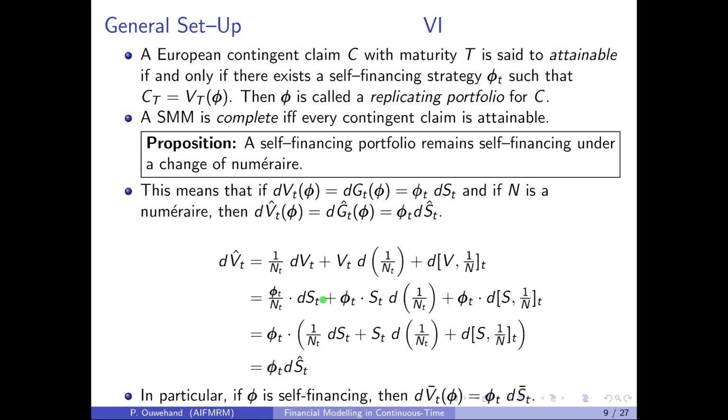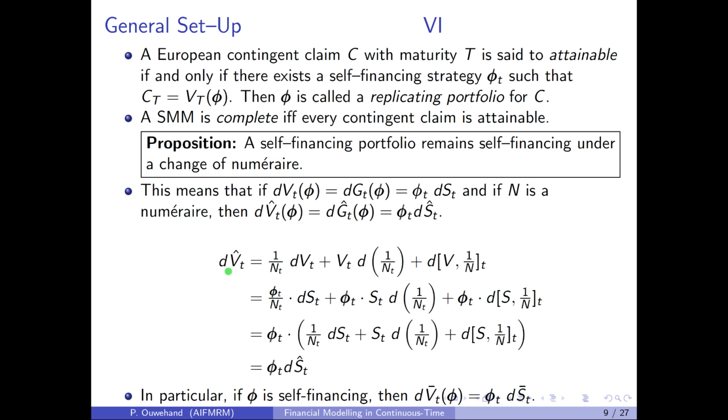What we see in this case is that each term has a common factor of φ, which we can take outside. Then if we look at the expression in parentheses over here, it takes exactly the same form as the first line, except that V has now become replaced by S. Since the top line is dV hat, the expression in parentheses must be dS hat.